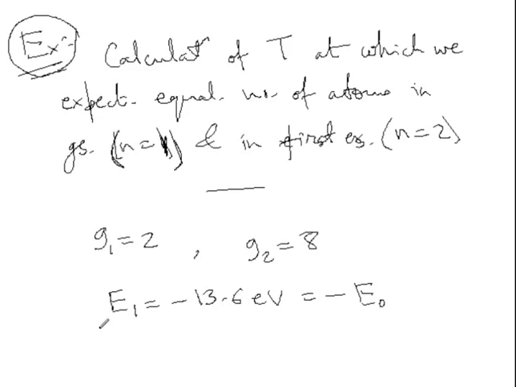And the energy for the first excited state, again we know from Bohr theory, is equal to E1 by 4. Now, what we require is basically N1 is equal to N2.